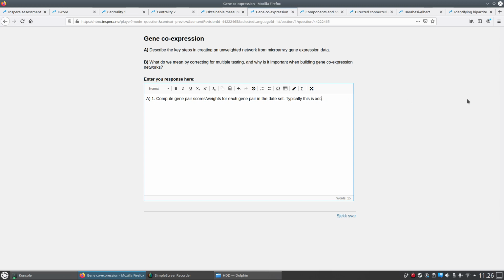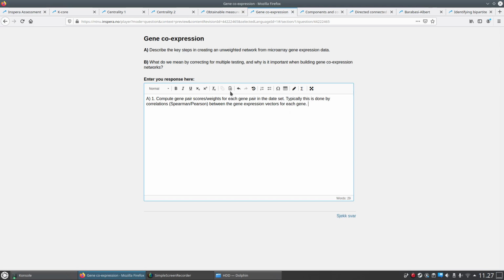This is done by correlations, Spearman, Pearson, between the gene expression vectors for each gene. But you can also use other measures, things like mutual information or weighted topological overlap as a secondary step after the correlations.